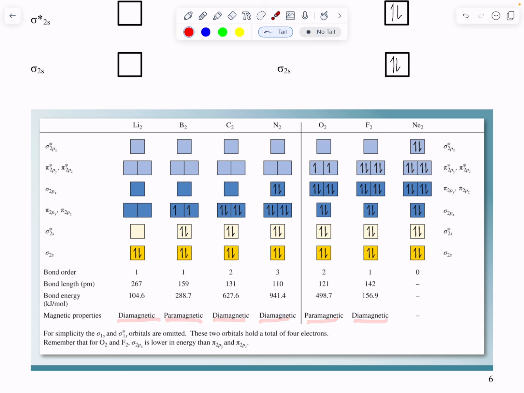And of course, Ne2 doesn't exist. It wouldn't exist. All right? Those are the MO diagrams of lithium through neon in period 2. But that's it. I am not big on this. I am much more in with the hybridization and whatnot, but I wanted to explain it to you just in case.